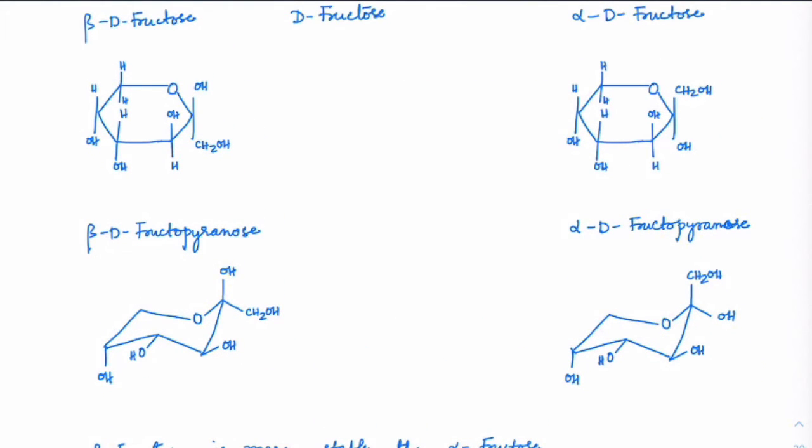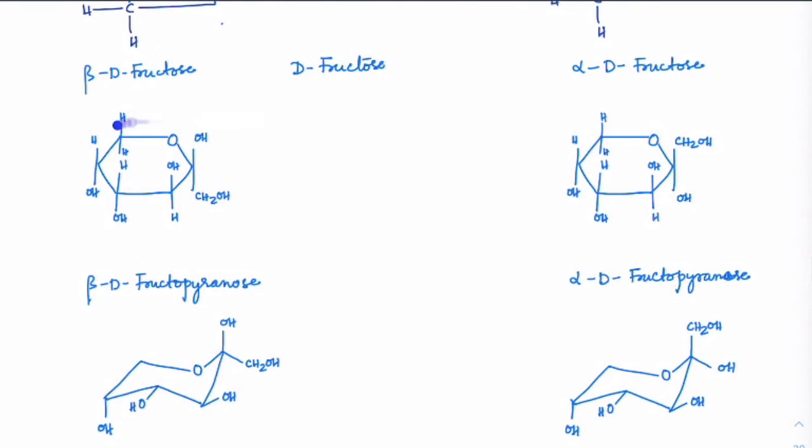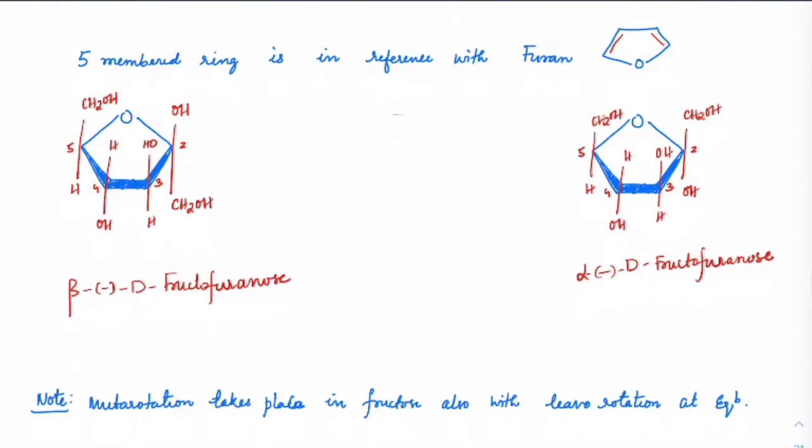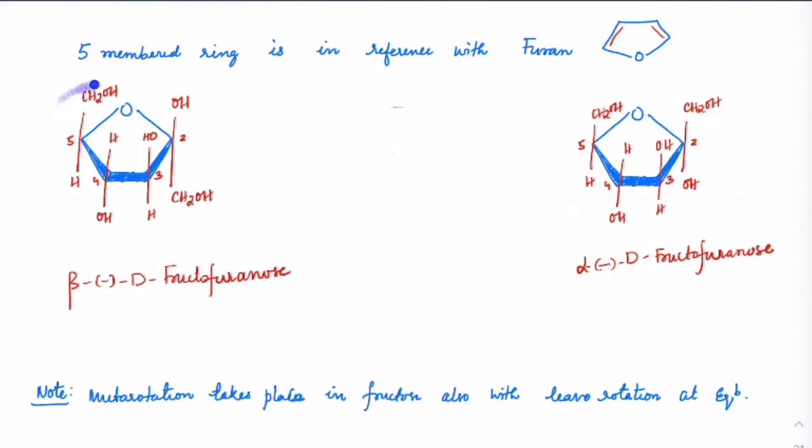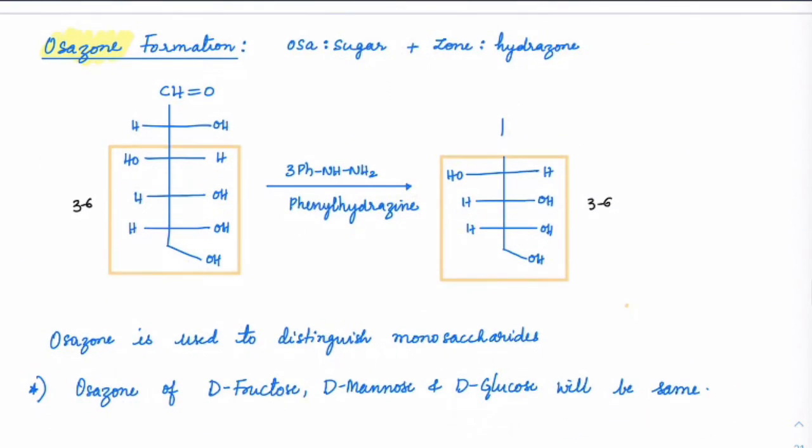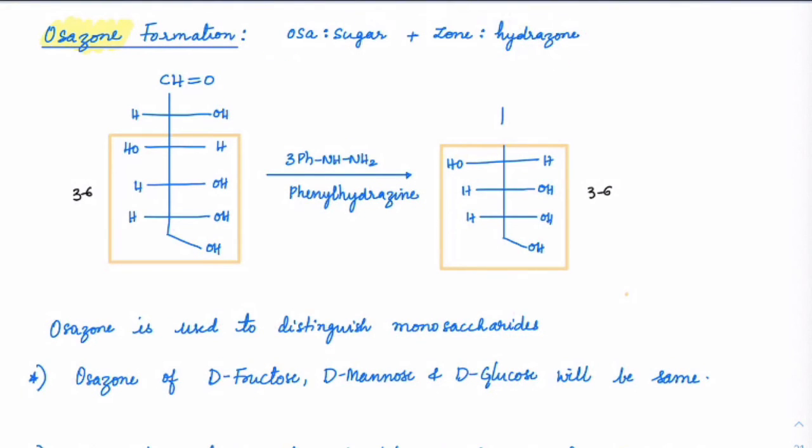Very few scientific papers or journals have been able to identify the 6-membered, but otherwise every paper has shown the presence of 5-membered fructose only. Okay, so remember that.